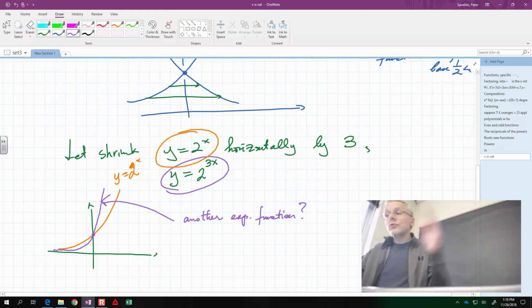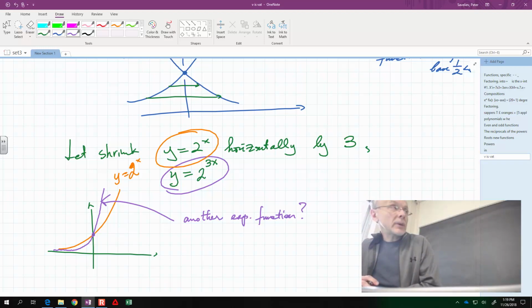Remember, it is a horizontal shrink, which means that the y-intercept doesn't change. It only becomes slimmer on the right, and on the left, when we push it towards the y-axis, it still becomes steeper. It is steeper in this area, while elsewhere it remains kind of horizontal. Okay, so it looks like another exponential function.